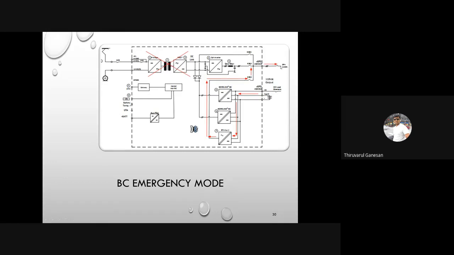Maybe a few lighting systems will be operating. The emergency light will operate, and the ventilation fan will operate with this 110 volt. But it is limited, and during that time all the passengers should be evacuated from the train. This is mainly for the emergency mode. Any question in this circuit?